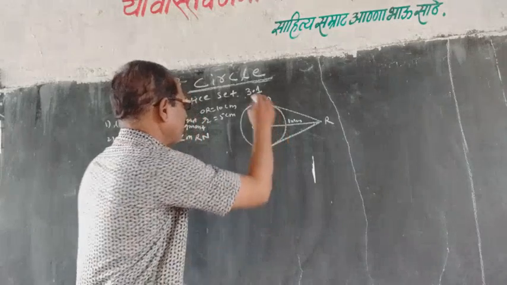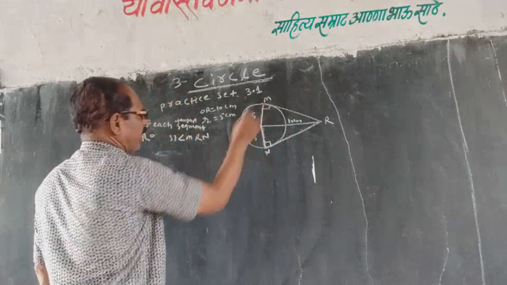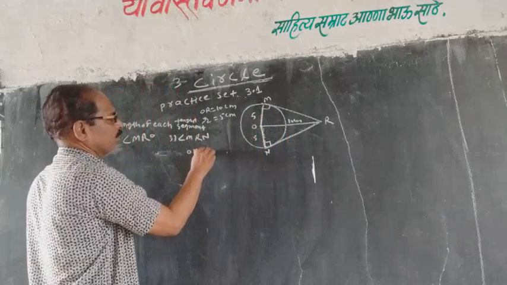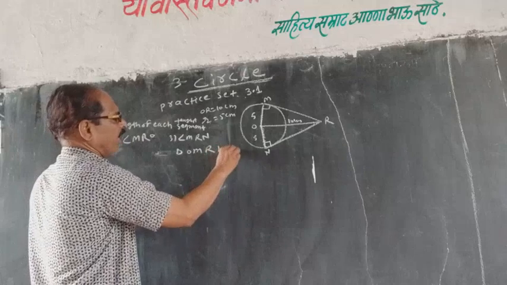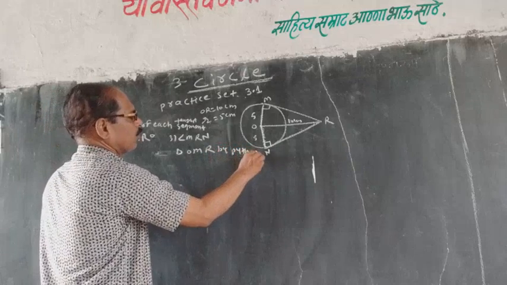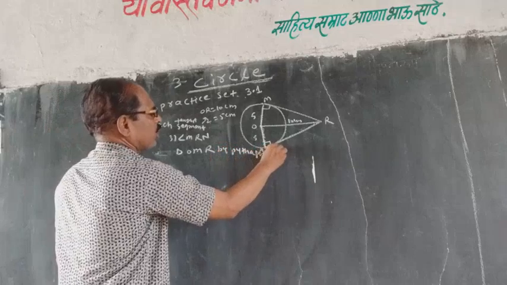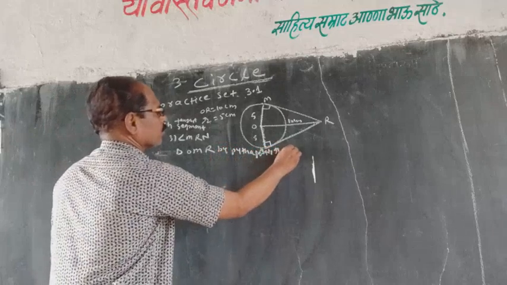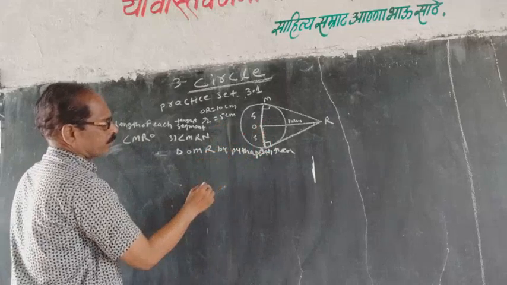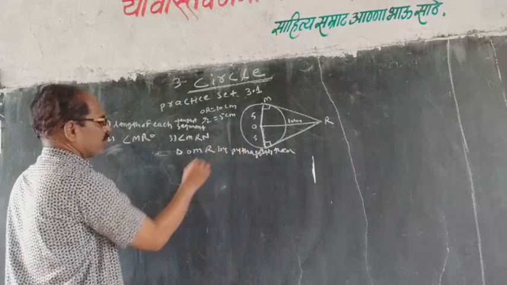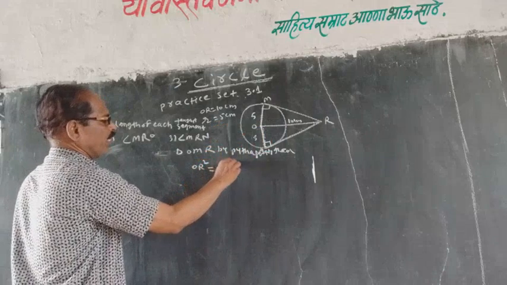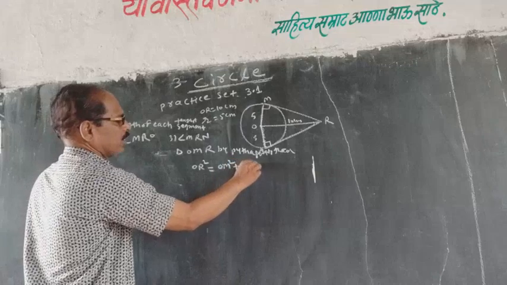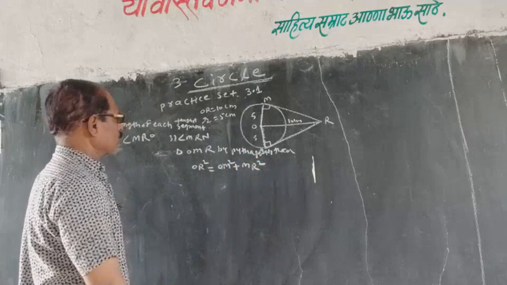So using the Pythagoras theorem in triangle OMR, OR square is equal to OM square plus MR square.